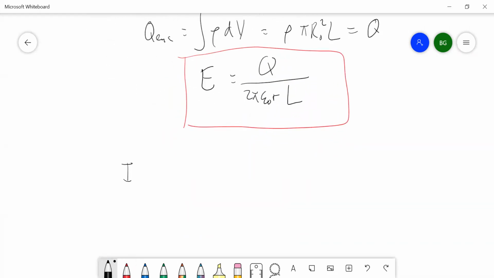Inside the cylinder, R is less than capital R0.